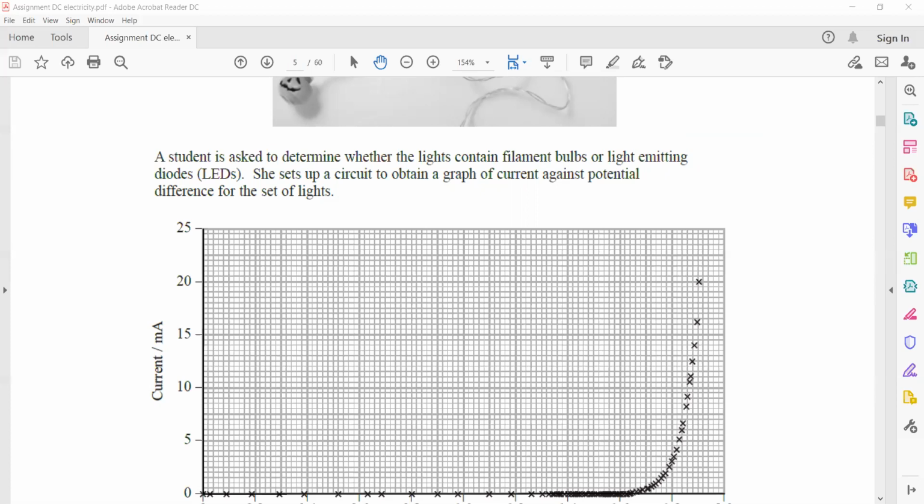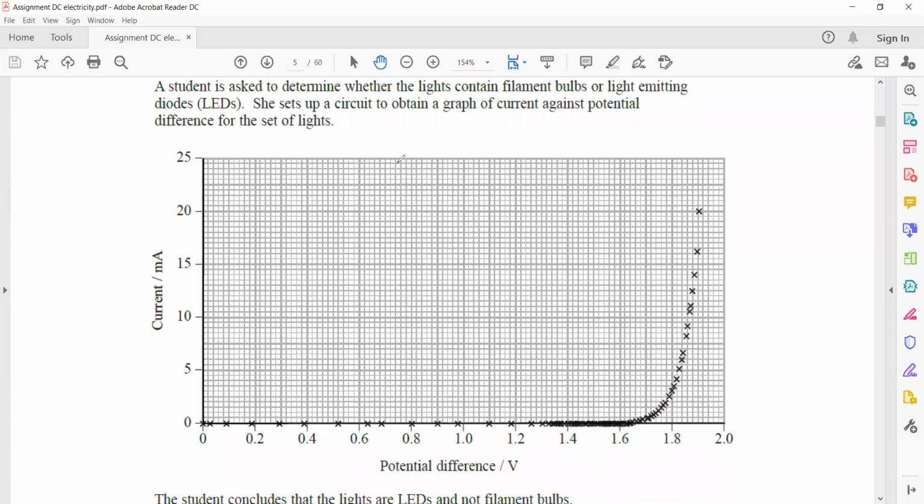And second thing, as you can see from this graph, if current is on the y-axis and voltage is on the x-axis, what does the slope represent? Slope is the quantity on the y-axis divided by the quantity on the x-axis.